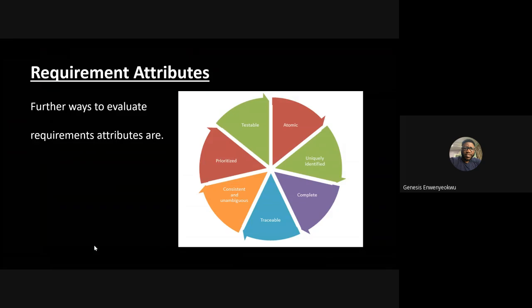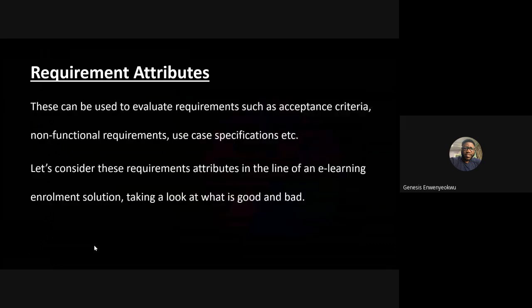So the TACUPT involves your requirement being testable, atomic, complete, uniquely identifiable, traceable, prioritized, consistent, and unambiguous. So this is a way we use to evaluate requirements in general, right? Whether it is a use case scenario or a high-level requirement you're writing, whatever, we use the TACUPT to evaluate them. And it can be used to evaluate requirements such as your acceptance criteria, your non-functional requirements, and your use case specification.